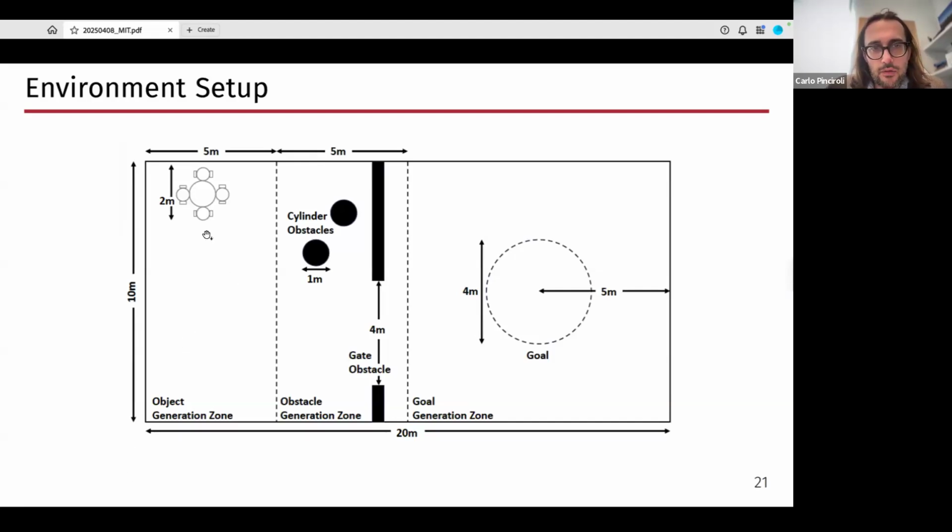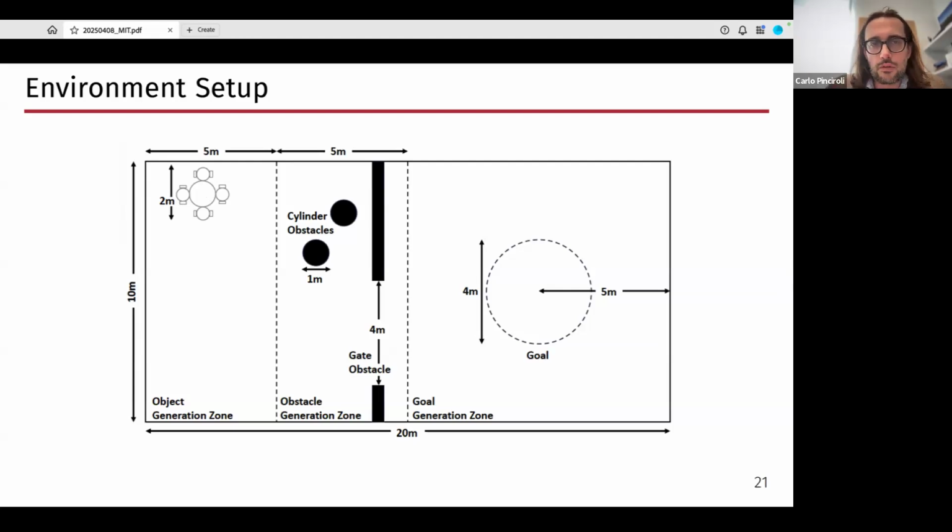We have a zone in which we can generate the object to transport, and then we can attach the robots in arbitrary ways that we want. Most of the things we're going to show in this presentation are circular objects, but I have also done work with irregularly shaped objects. And as I said, this is literally the next thing we're studying.